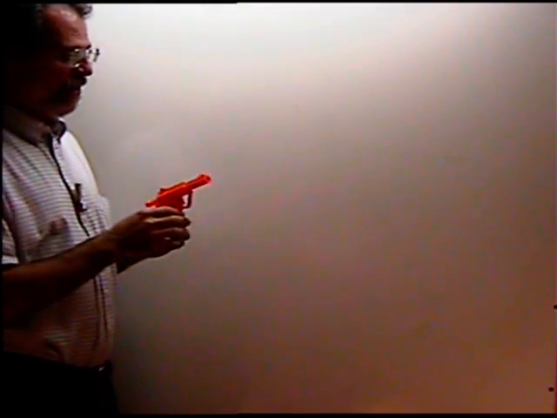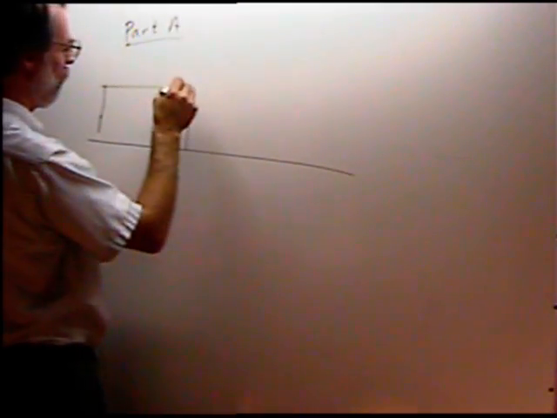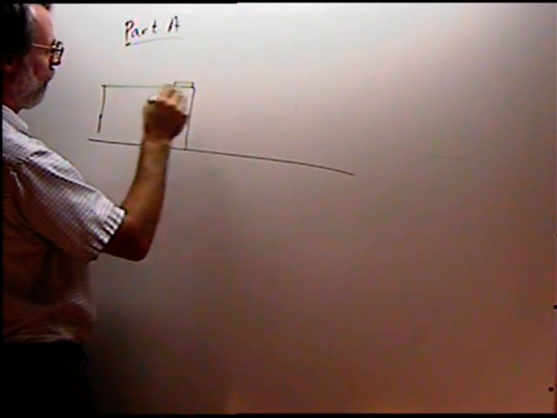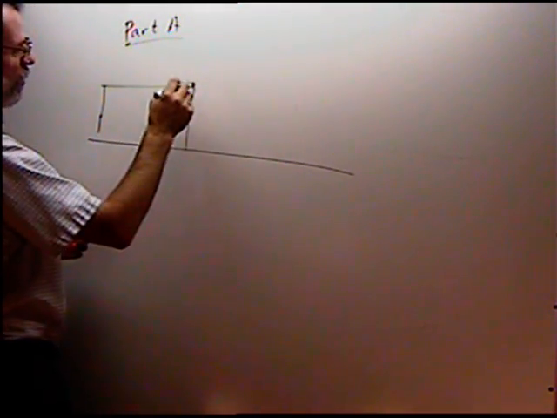What I'll do is I will set the gun at whatever orientation I need, and I use my meter stick. For instance, in the first part, in part A of the lab, we have a table, and we set the gun right flat on the table, and we shoot it horizontally.